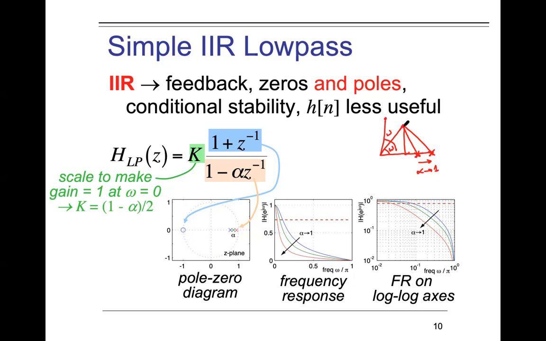The difference between this and my 0 will not change, right? Alpha doesn't affect the difference between my point here and my 0. So this will not change with alpha. Only the denominator will change with respect to alpha. So what is changing as I go further? The distance becomes larger.